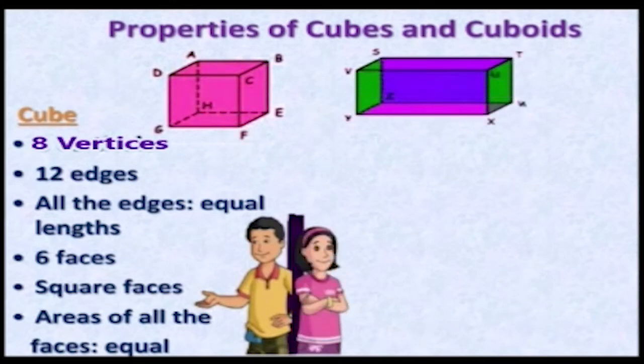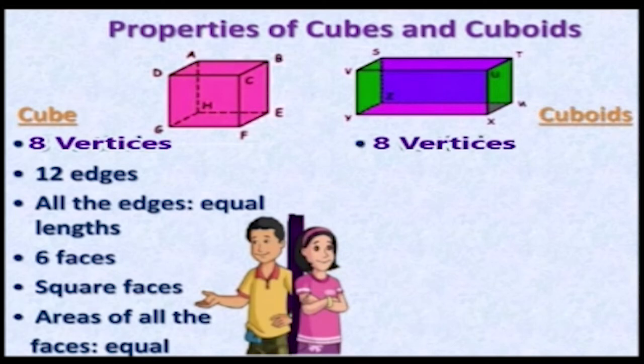Now we will see the cuboid. This is the cuboid shape. So here there are 8 vertices: 1, 2, 3, 4, 5, 6, 7, 8.